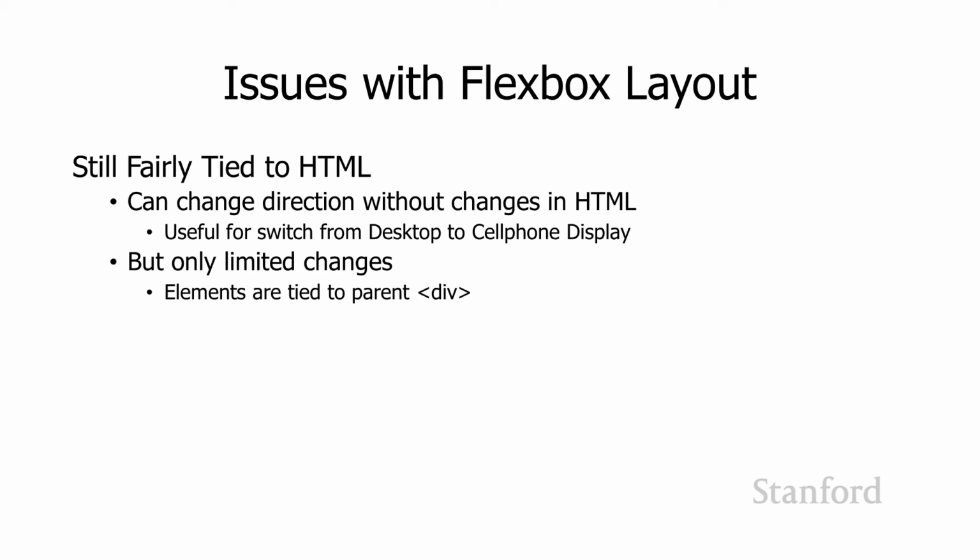So you can do some things with it, but the changes are pretty limited and we are still limited by the idea that certain elements are contained within certain other elements, and that's going to really determine what we can do with our cascading style sheet. So overall, a lot of it is still limited by what's specified in the HTML.